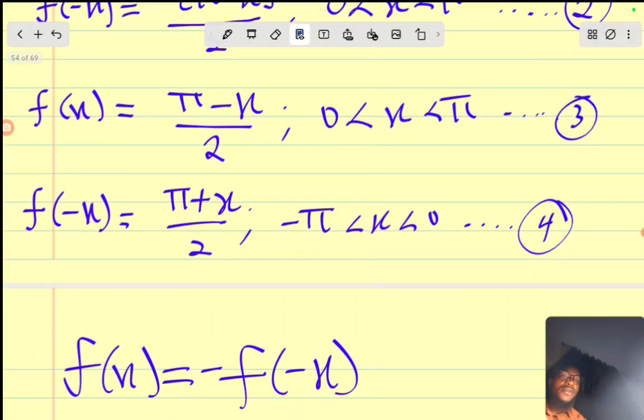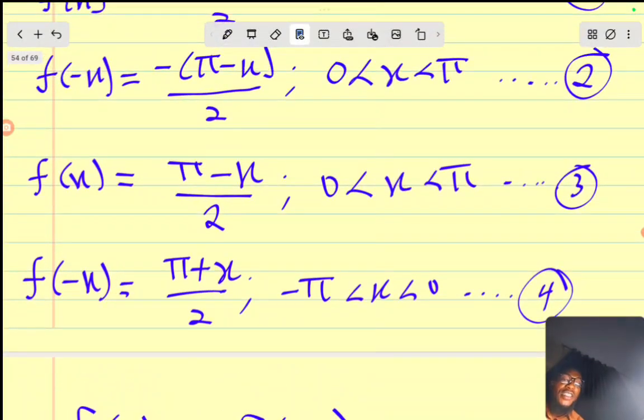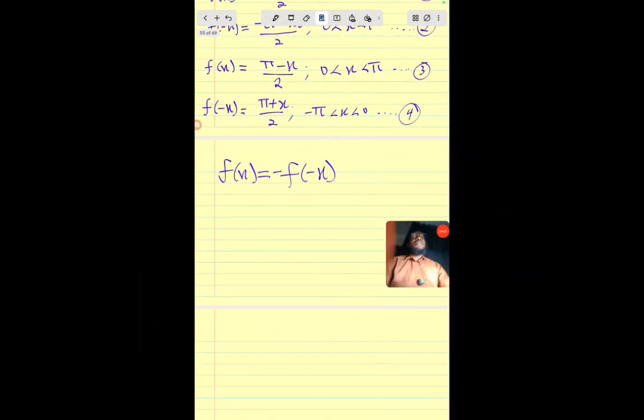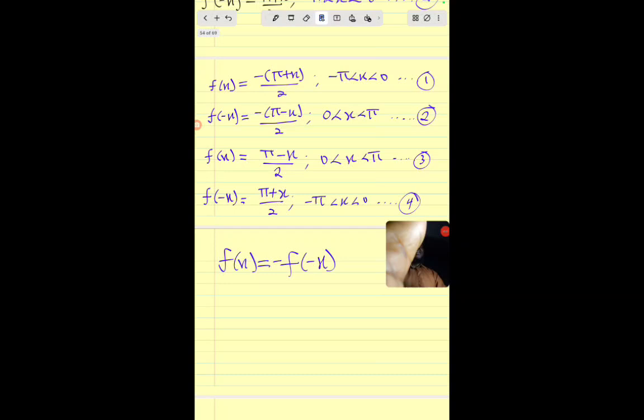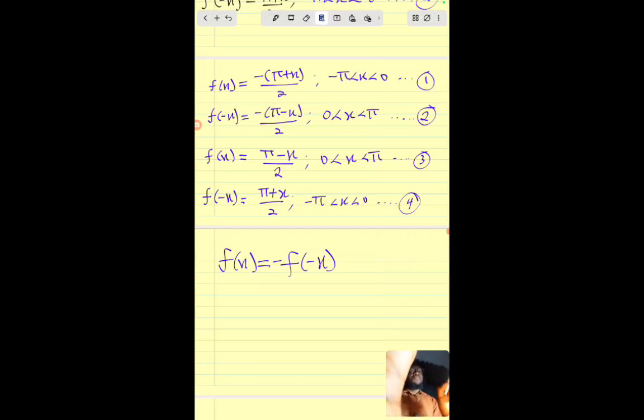If you look at our equation 4, you can see the interval now. We start from minus pi, to minus pi is less than x less than 0. So in this case, let me try to flip it again. This is what I'm trying to say: if you look at it carefully, we have our equation 1, which is f of x here, and our equation 4, which is this one.